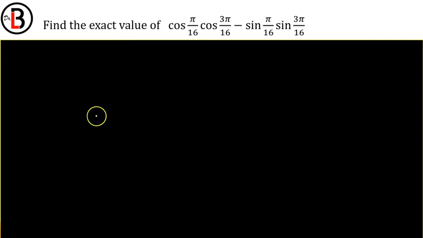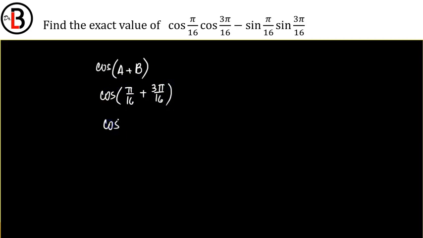If you're asked to find the exact value, just like this one, you'll notice that it's cosine x cosine y minus sine x sine y. I can basically apply cosine of a plus b. So that's simply cosine of pi over 16 plus 3 pi over 16, which is cosine of pi over 4.